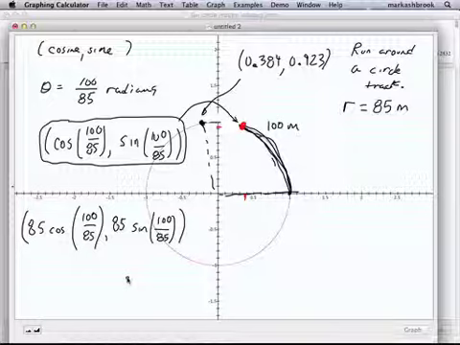Okay, so find those on your calculator and let's see if it makes sense. Something significantly but a little bit less than half of 85, and then almost 85, right? So what's the x-coordinate? 32.7?